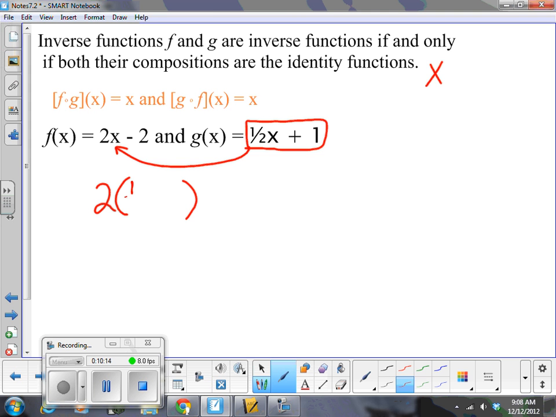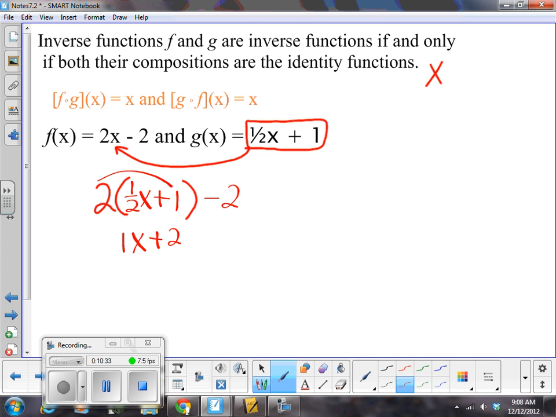And then I just plug in 1/2 x plus 1, so I plug all that into x minus 2. Now, the distributive property says that if you take 2 times 1/2, you just get 1. And that's going to be 1 times x. And then 2 times 1 is 2, and then minus 2, and there you go. If you cross off the 2's, you end up with just 1x or x.